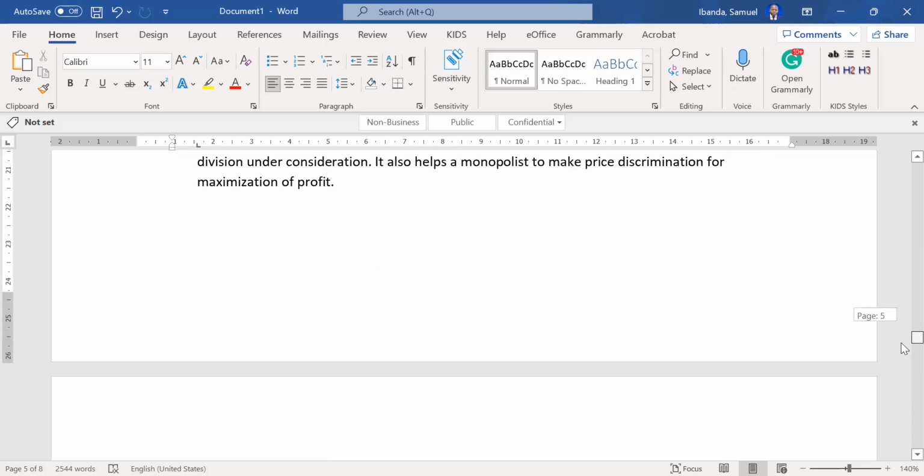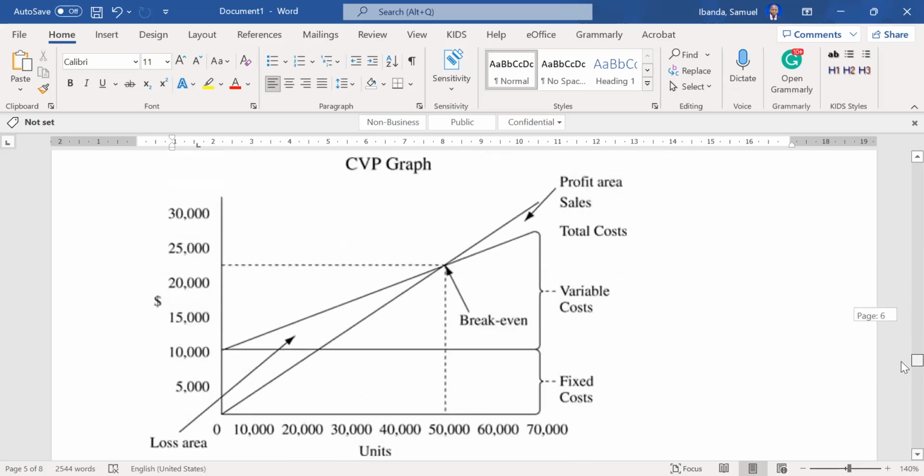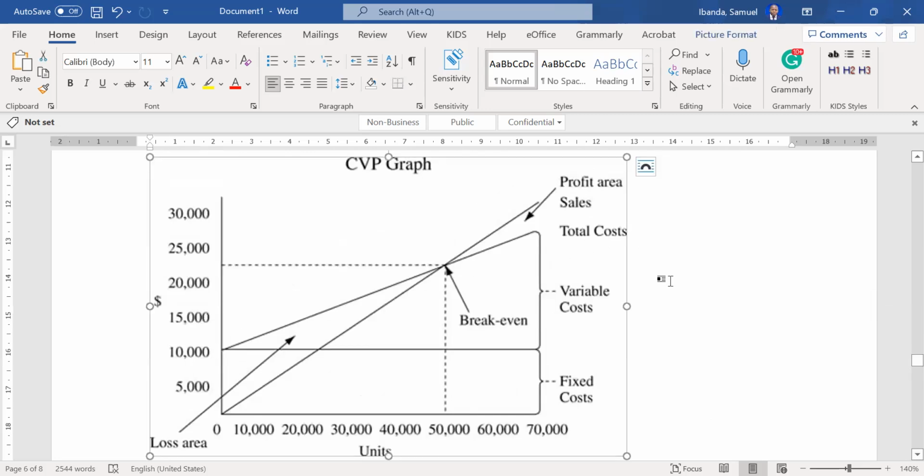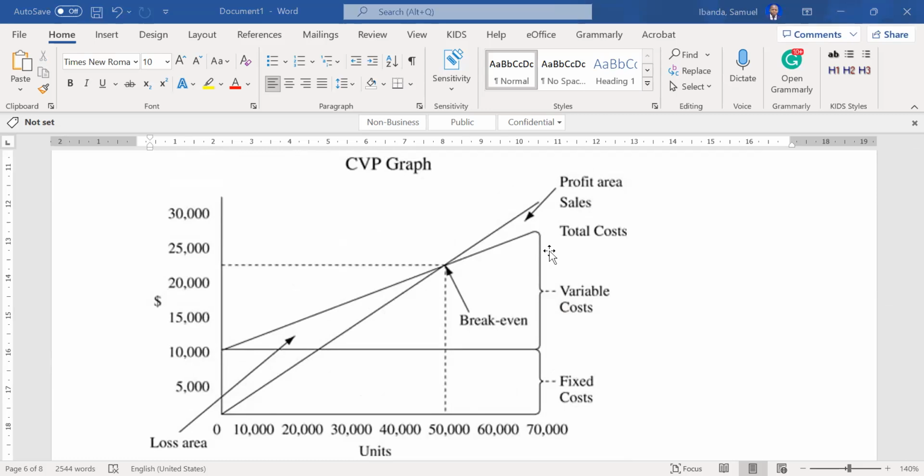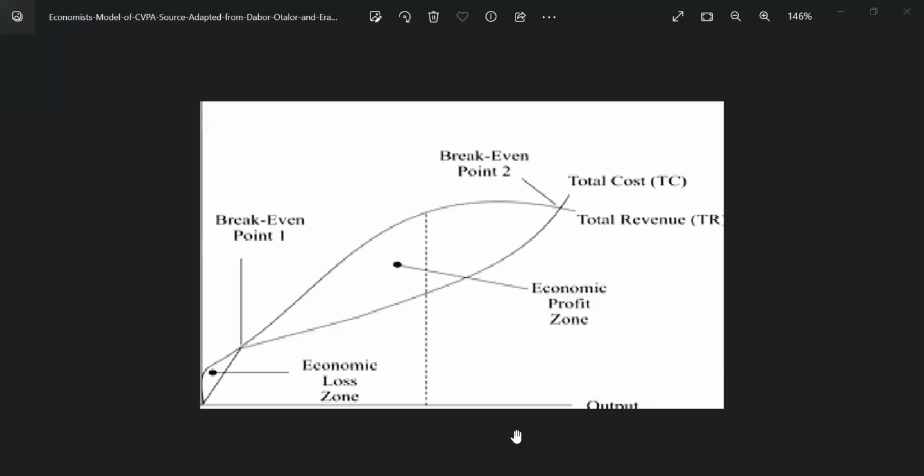And then we also looked at the pictorial view of our CVP. I also showed you how another kind of CVP curve can look, according to what we call the economist's view of the CVP curve.